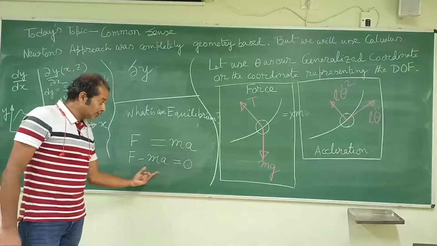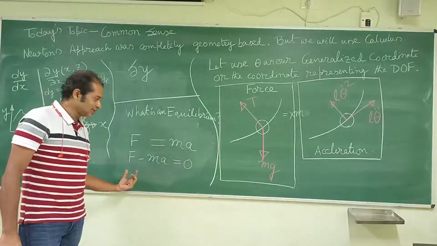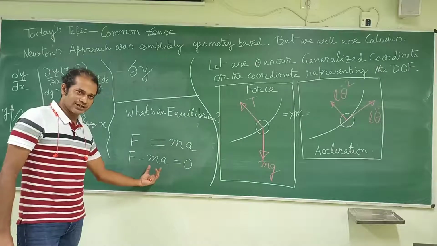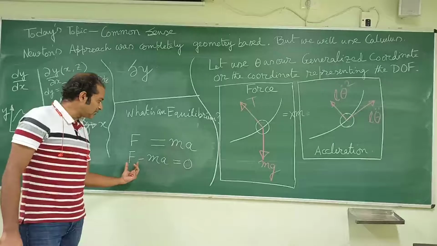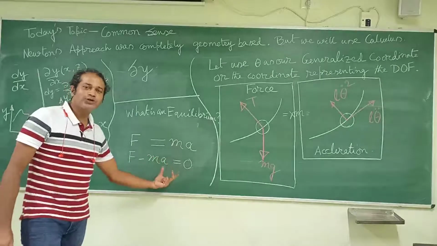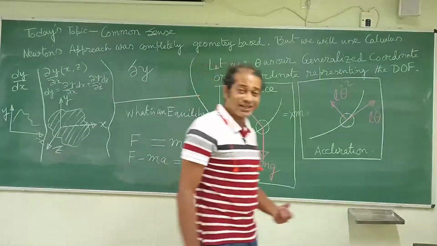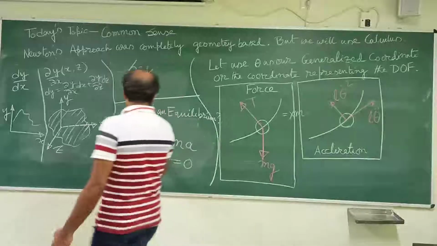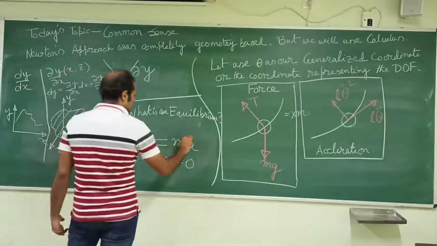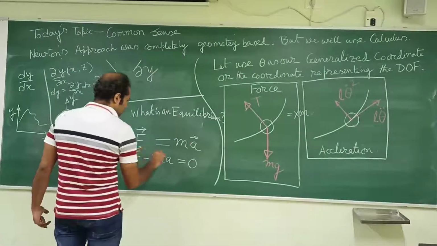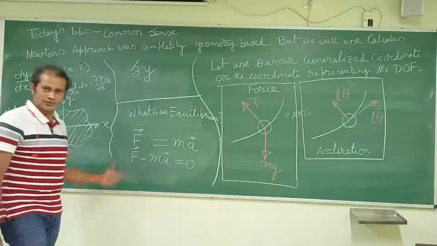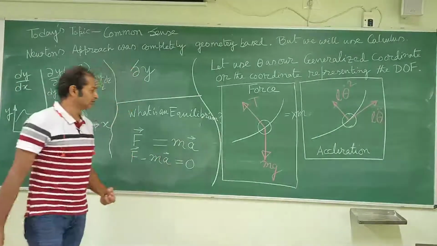Look carefully. And not only that, in the special case when there is no motion, no acceleration, then F is going to be 0, which you studied as the static case in your previous semester. All these things are to be represented as vectors. Suppose I miss it, but keep in mind that all these quantities are in vectorial form.